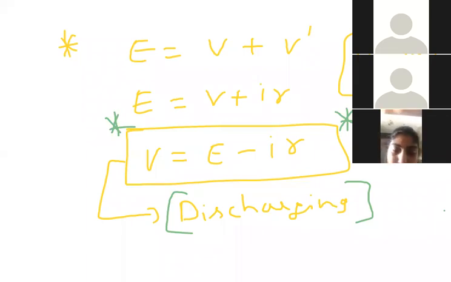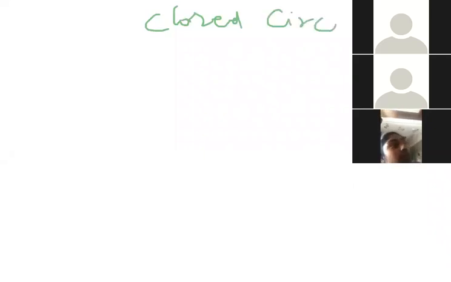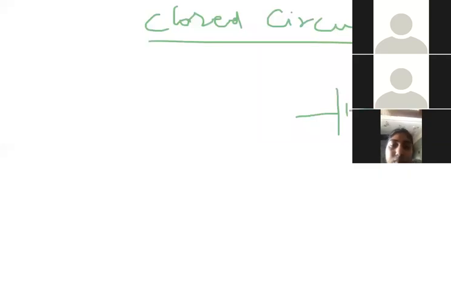Whenever I am taking a closed circuit, what are the main points to be noted? I will give you that information again. Closed circuit means the main points are, first of all, the diagram of the closed circuit, like this.